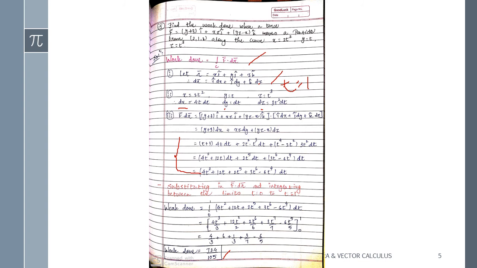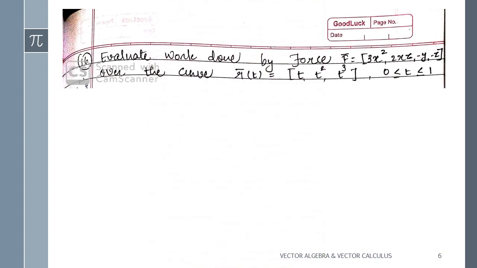Now next example I am giving for that, evaluate work done by the force. Again it's given in the square brackets, because it's another notation of the vector components. Okay, so it will be 3x square i plus 2xz minus y k minus z, but it will be 0, because as we know we are having a position vector of x, y, z form only.